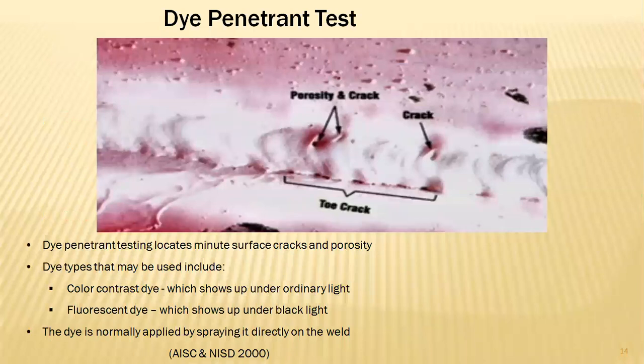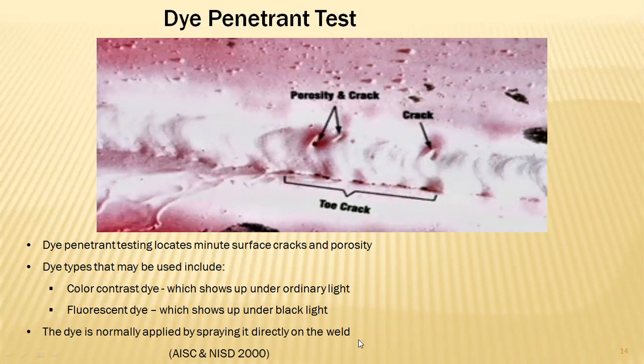Based upon this dye penetrant, when you apply these dyes and identify the overall surface finishing, if there are any uneven cracks observed, they will be highlighted in this particular test. The dye penetrant test locates minute surface cracks and porosity, using color contrast dye and fluorescent dye. There are two different types of dyes, one shows under ordinary light and the other shows up under black light.